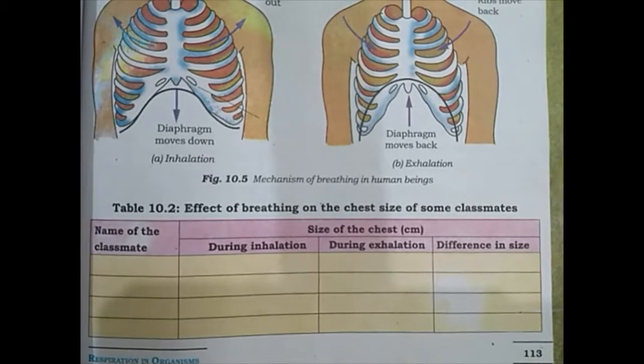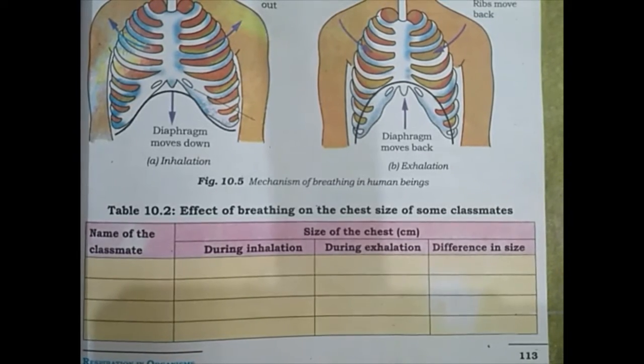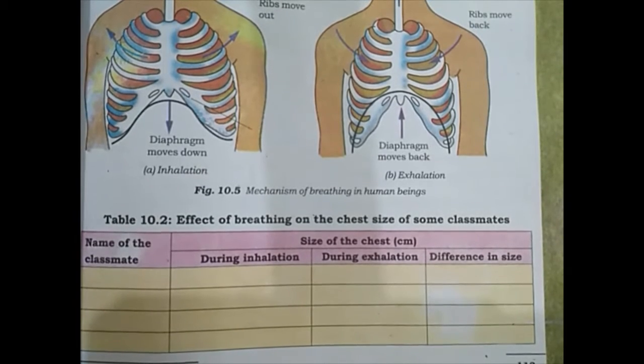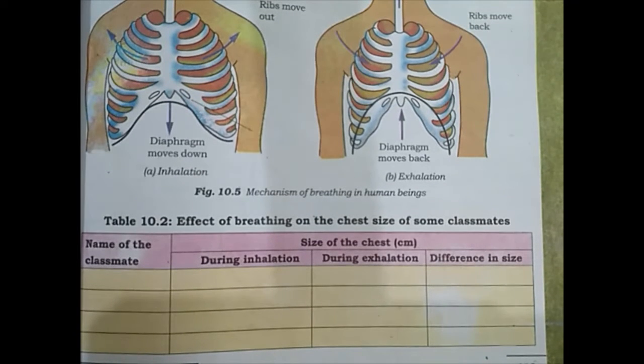The size of the chest cavity, we feel that it gets increased. Yes. While inhalation, what happened? The chest cavity gets increased. We can feel that when we put our hand on the abdominal portion, our chest cavity gets increased inside during the inhalation process.